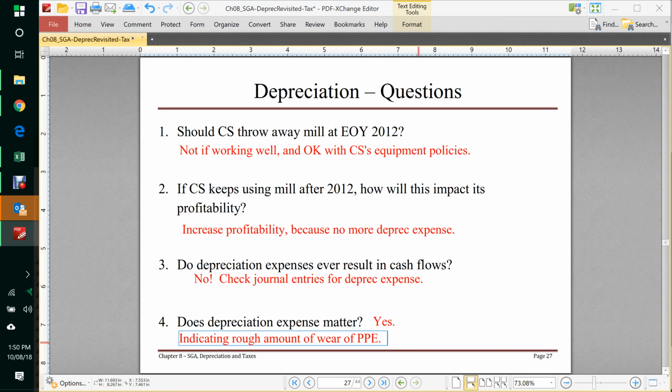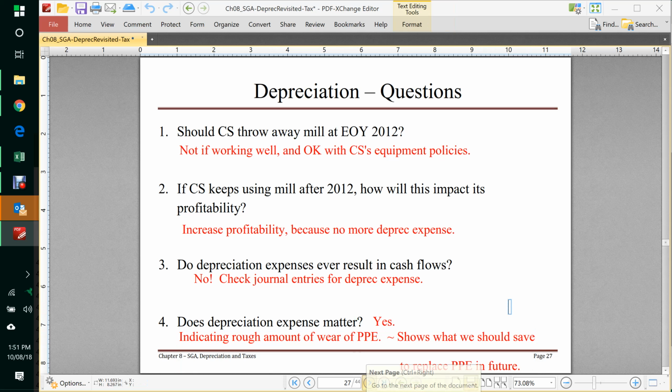And it sort of shows what we should save to replace our PP&E. It's showing us what we should be saving up or have available in a line of credit or something like that. So yeah, I think it's good.